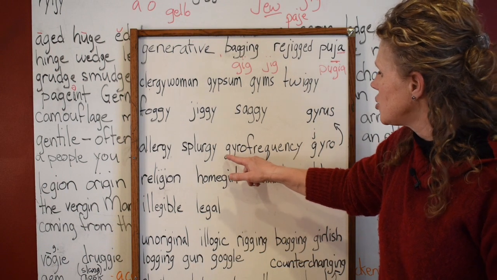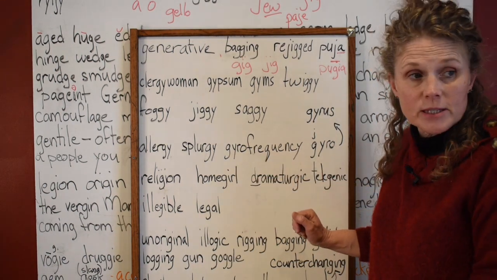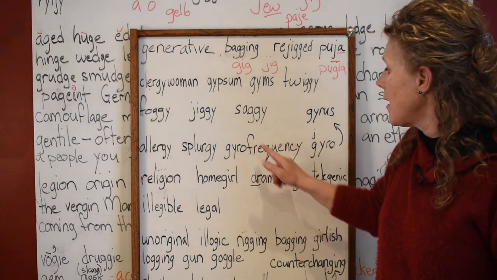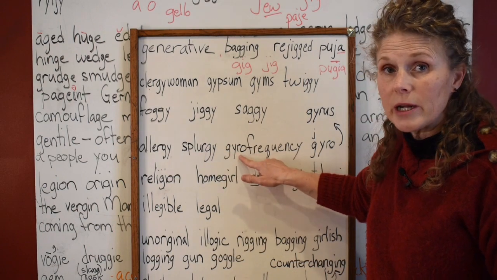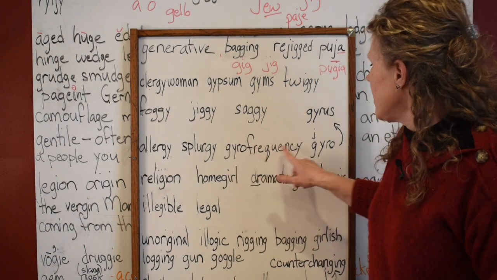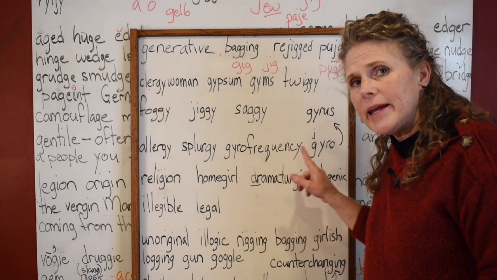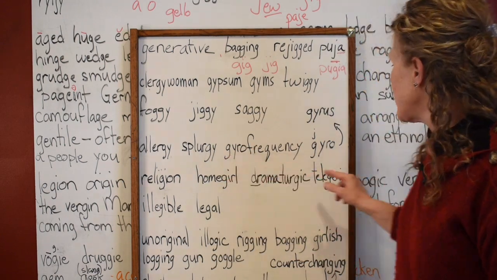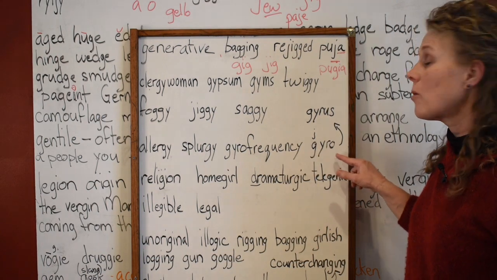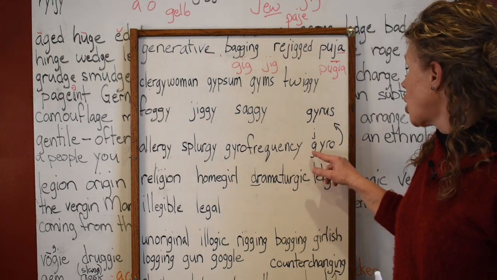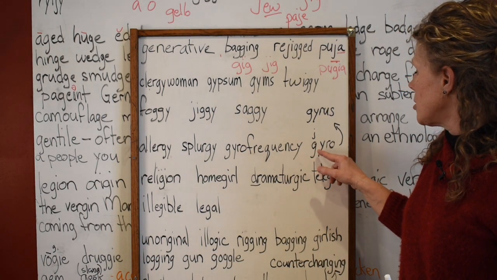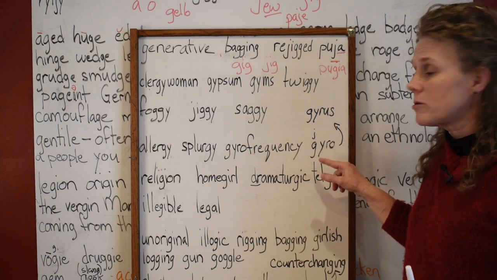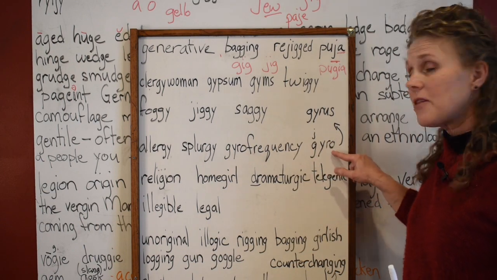Now this says gyrofrequency. Is this a Greek word? Yes, this right here is Greek. And when you have it in the science field, I noticed that this will say gyro, but this right here says yarrow, or it would say jarro. The G is almost dropped. Now this is a food.